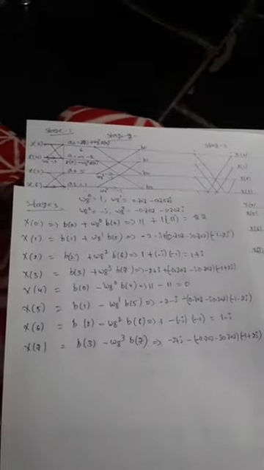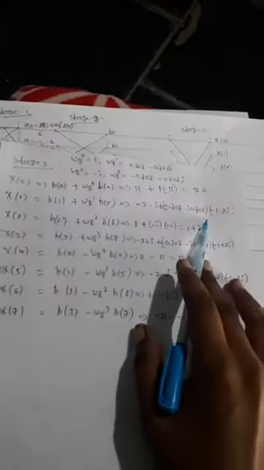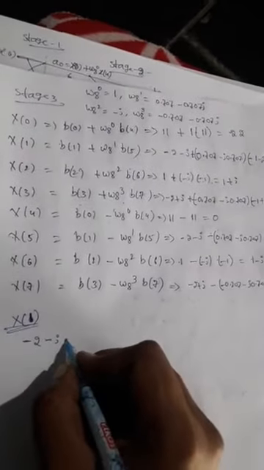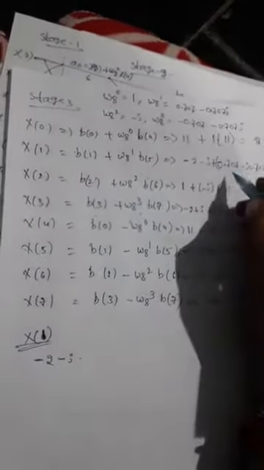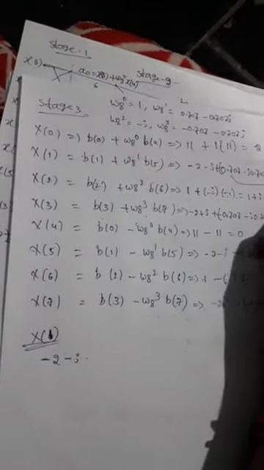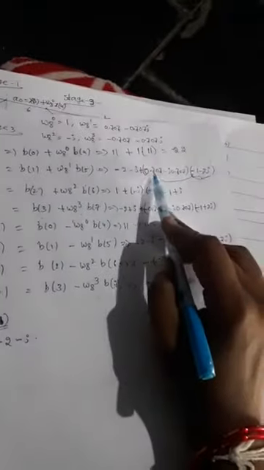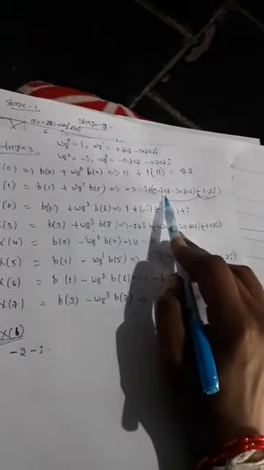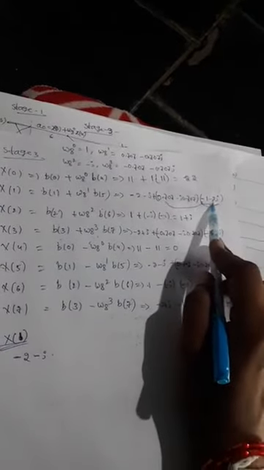Okay, and we can calculate x of 0 up to x of 7. Here x of 0 value is 22, and next x of 1 value, we can solve it as, okay, we can rewrite it as minus 2 minus j. Then this can be multiplied with these 2. 0.707 multiplied with minus 1 and minus 2j.